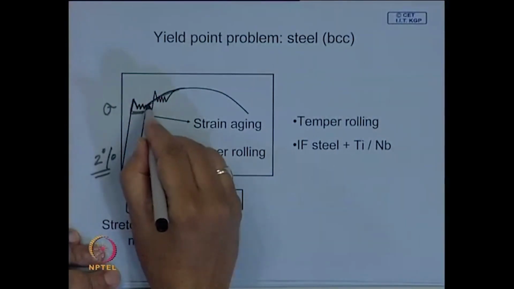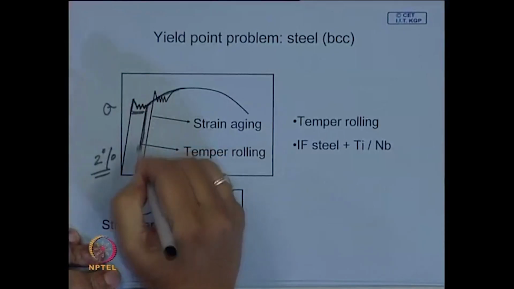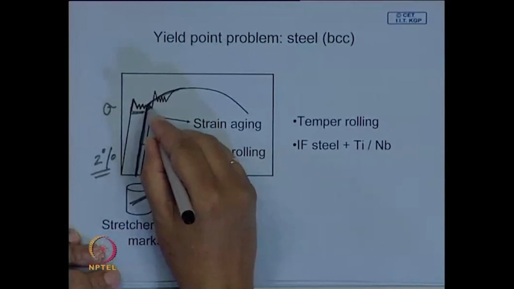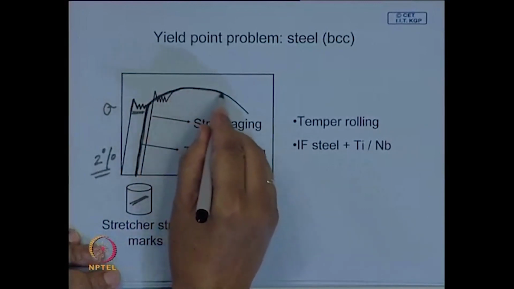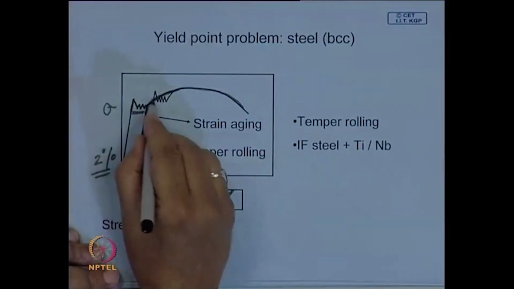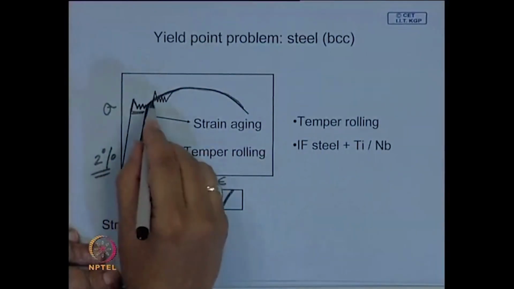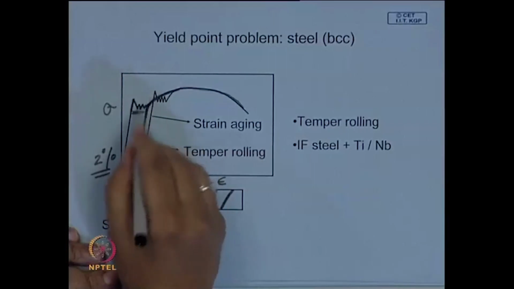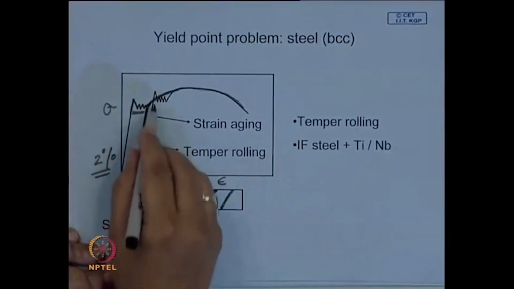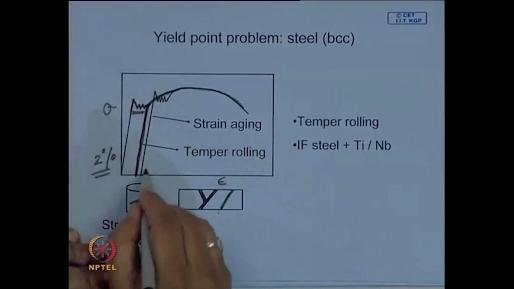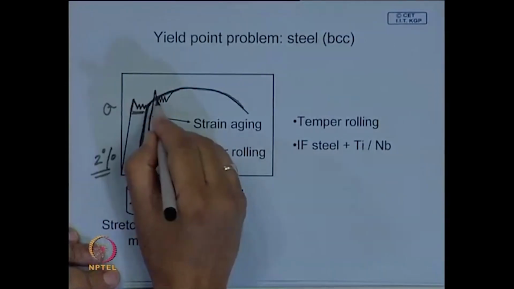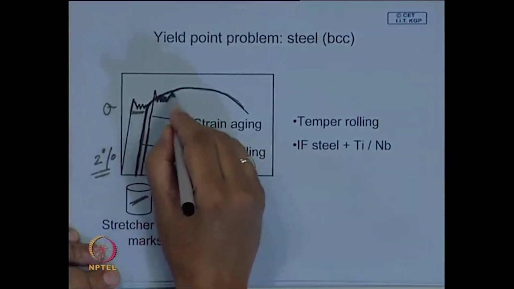After this you unload, and then the stress strain diagram shows a smooth transition, it does not show the yield point phenomenon. But the problem is, they are also susceptible to strain aging. Left at room temperature for a long time, it can reappear, and again because of the strain aging, there will be difficulty in drawing.